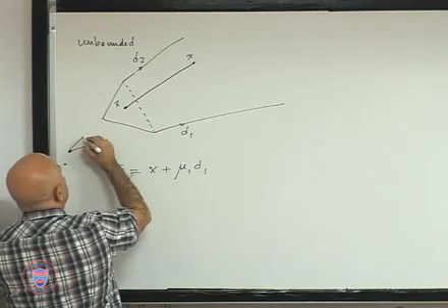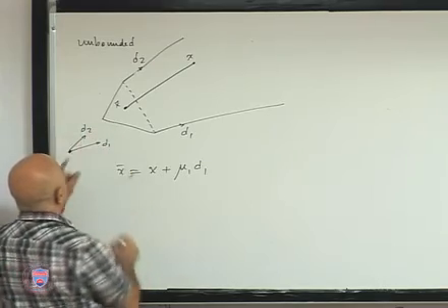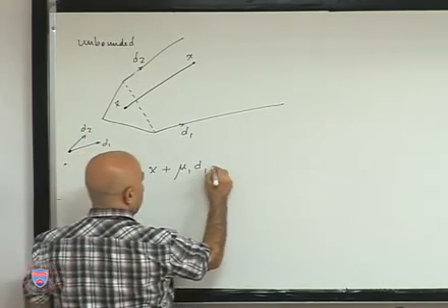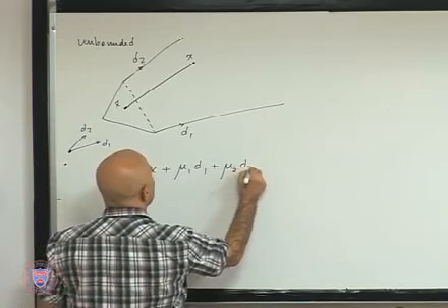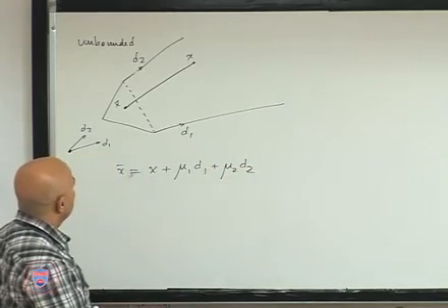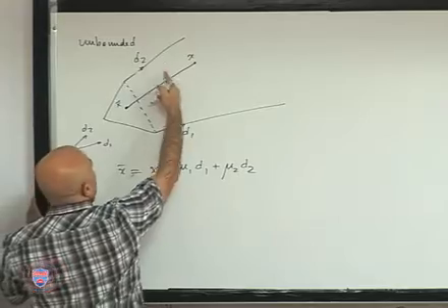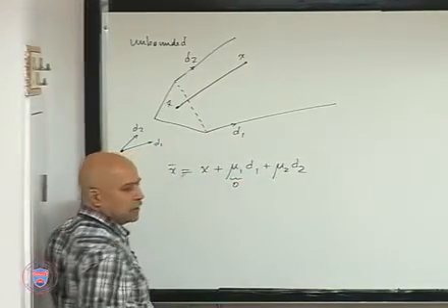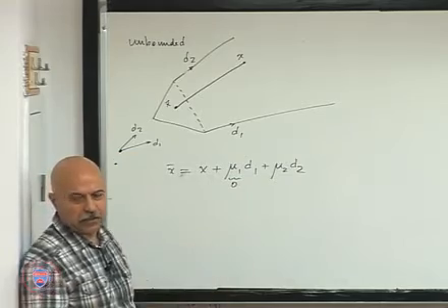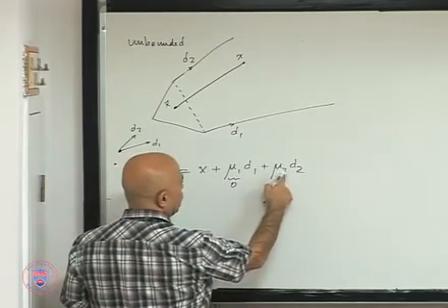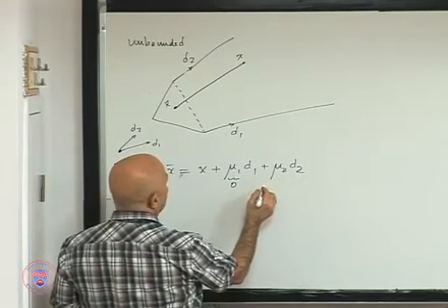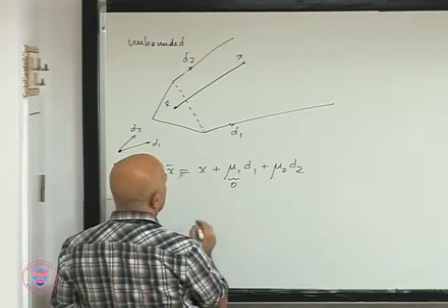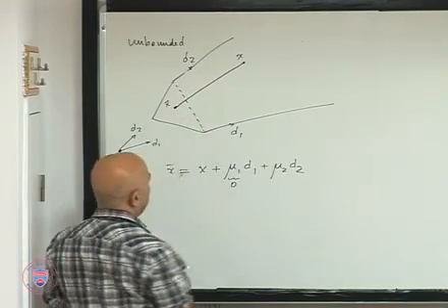There's D2 that points this way. So you're taking two multipliers, mu1 and mu2. In this case, let me just choose, because my line looks parallel to D2, let's just choose mu1 to be 0. You don't have to, but let's just do it that way. And so mu2 times D2 will be that. And you will get your X bar.